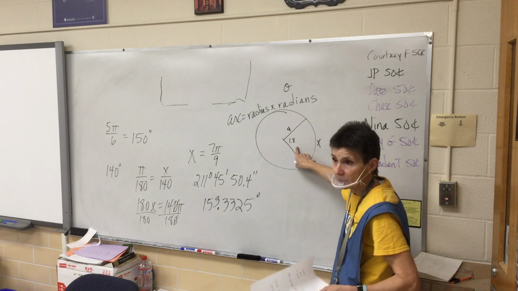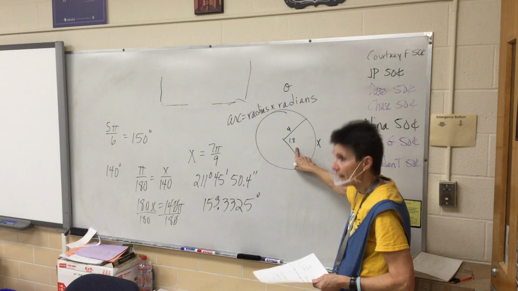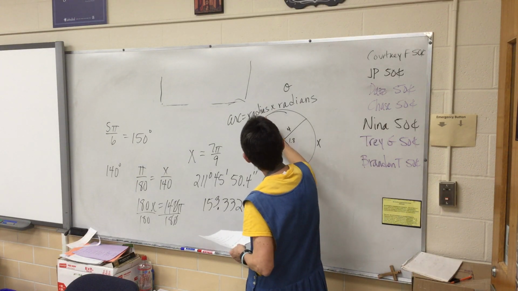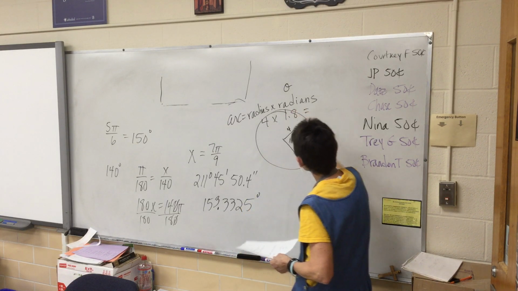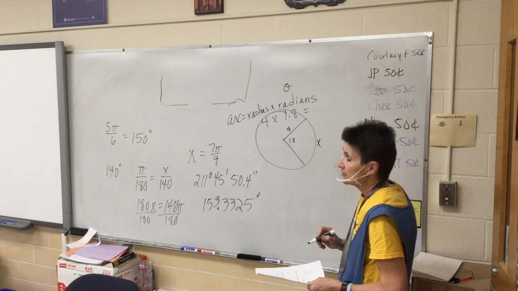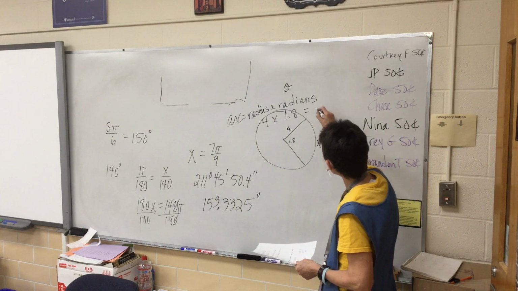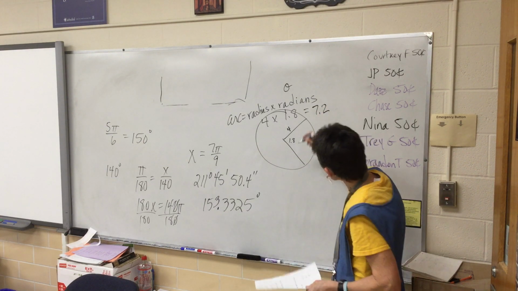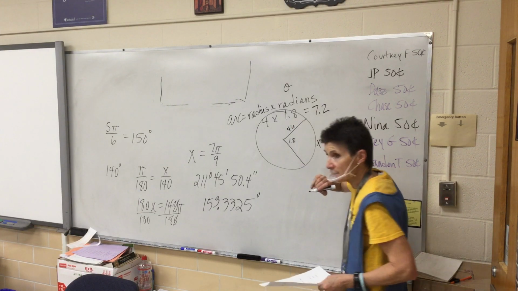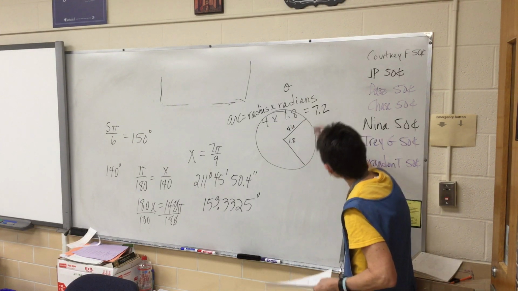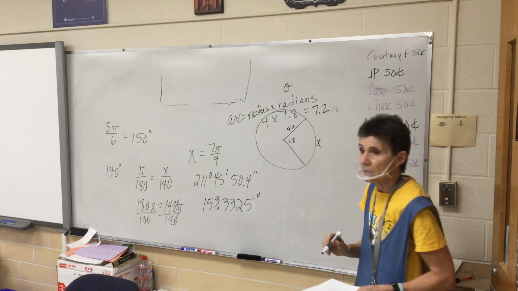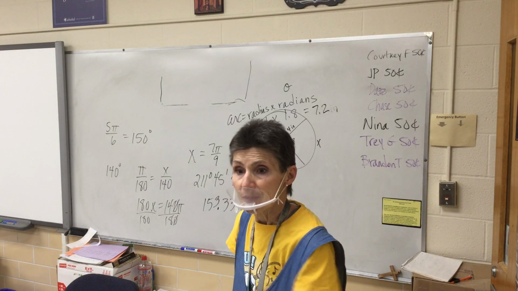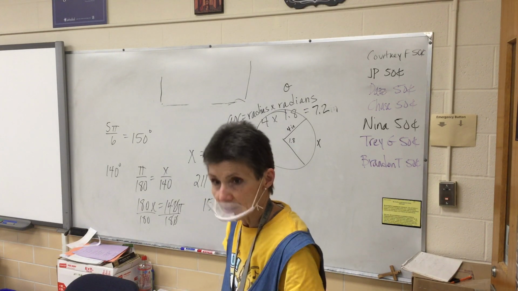No degree mark. If there's no degree mark, it's a radian. So this is just 4 times 1.8. So what is that? 7.2? Now this said inches on the radius, so your arc length is also inches. So your arc length would be 7.2 inches, that unit matches your radius unit.